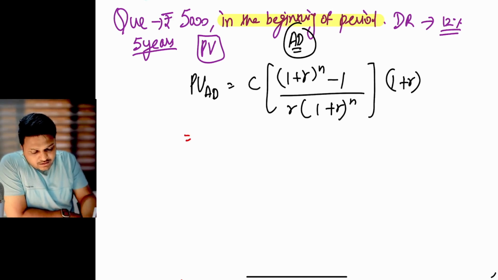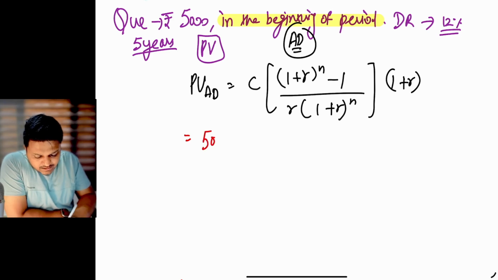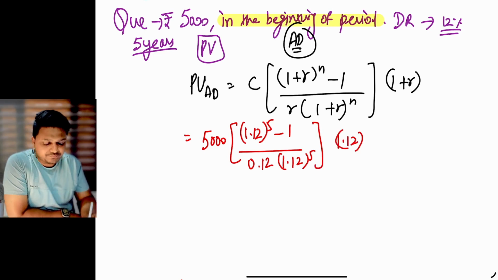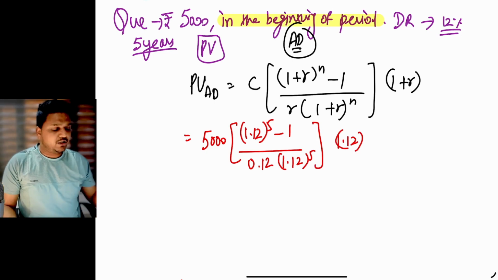Now just replacing the values over here. So C is 5000. That is the particular cash flow. 1 plus r, where r is given to be 12%, so it is 1.12, for 5 years. So 1.12 raised to power 5 minus 1 divided by 0.12 and again 1.12 raised to power 5, and multiplied by 1.12. That is what we need to solve.